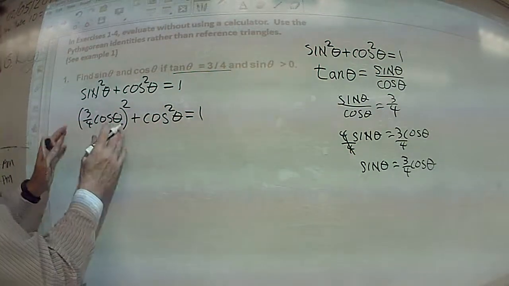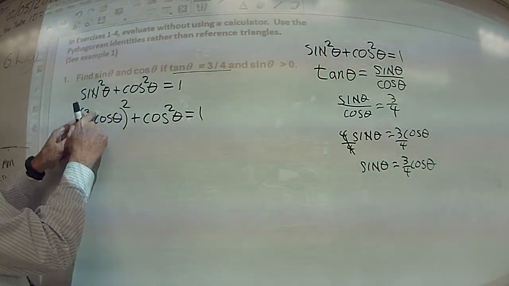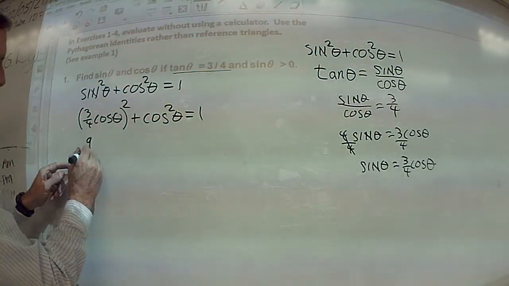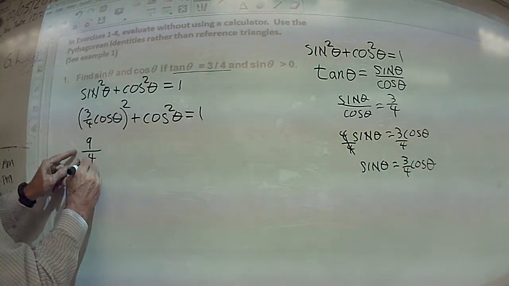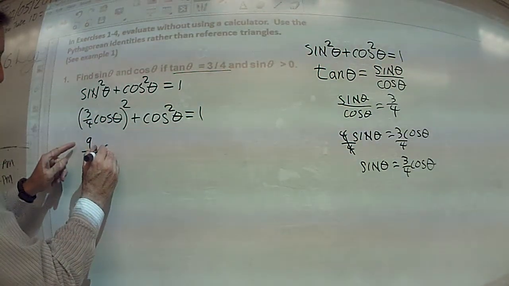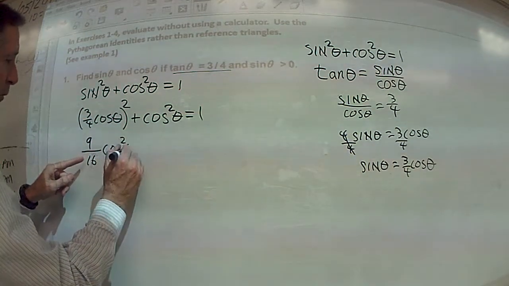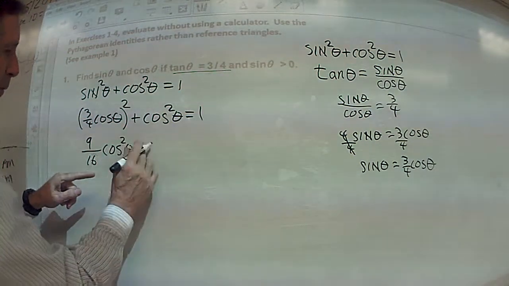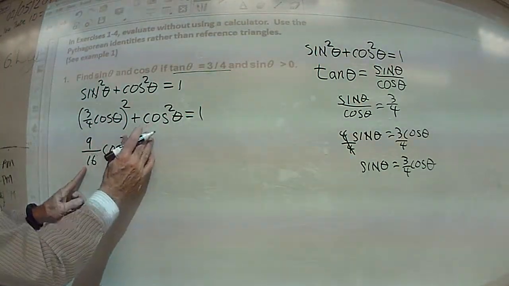Next we're going to square inside parentheses. Well, 3 squared is 9, and 4 squared is 16. So we have 9/16 cosine squared theta plus, well, we're going to have to get a common denominator.